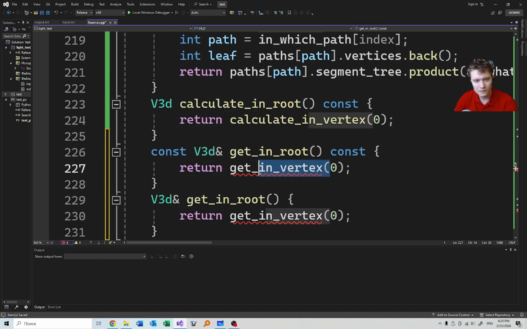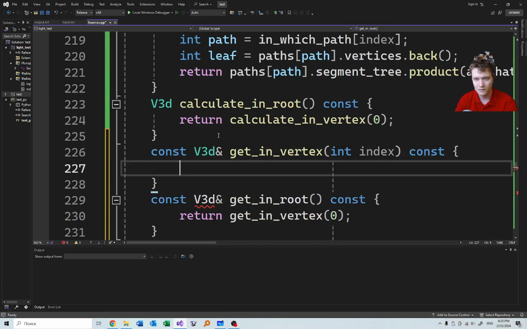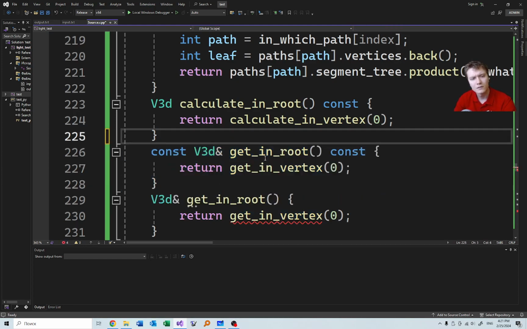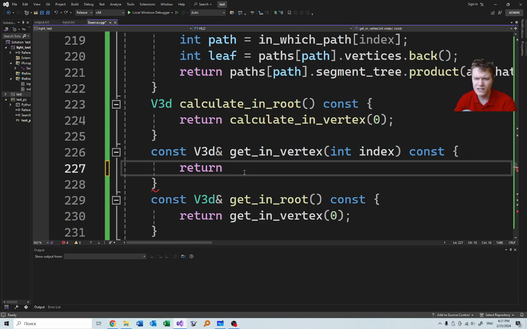And get in vertex is also const v3d. And I need to just return. Oh, I think no. Okay, it's fine actually.